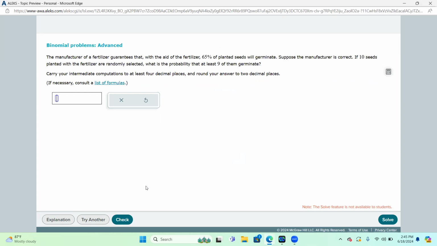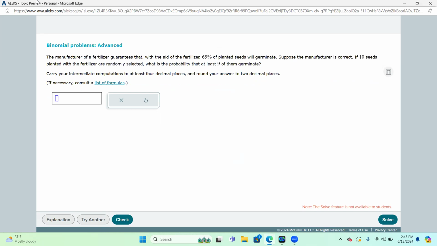Let's try another. This says the manufacturer of a fertilizer guarantees that with the aid of the fertilizer, 65% of planted seeds will germinate. Suppose the manufacturer is correct. If 10 seeds planted with the fertilizer are randomly selected, what is the probability that at least 9 of them germinate?